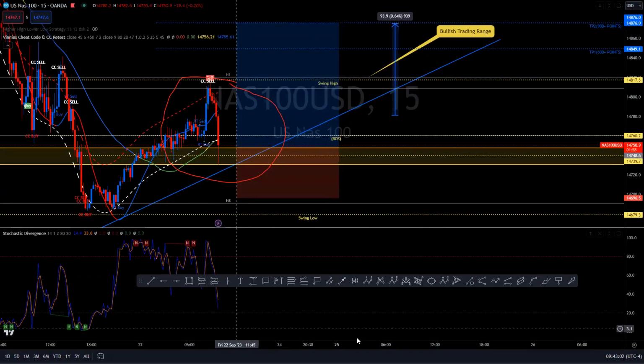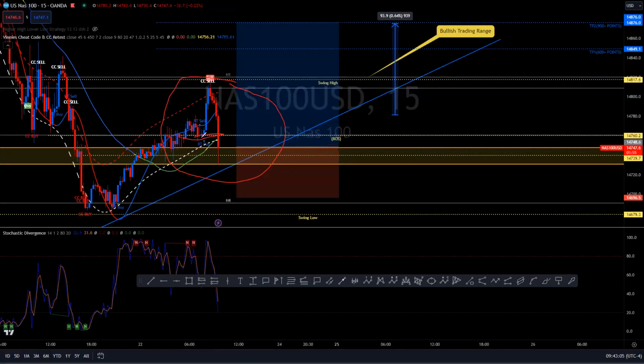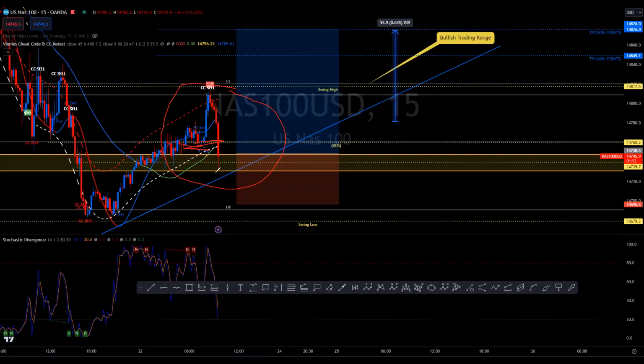I just built this previous structure. It maybe was starting to go bearish. Could be a possibility. Wait for the candle and see what it does, and then we'll look at the ceiling.